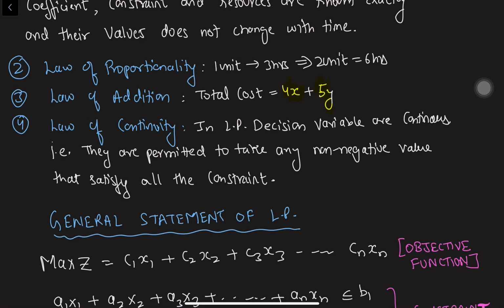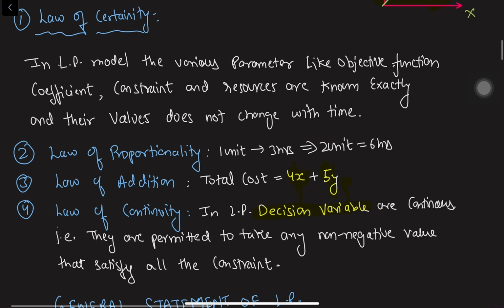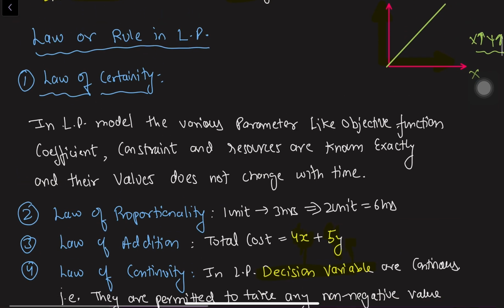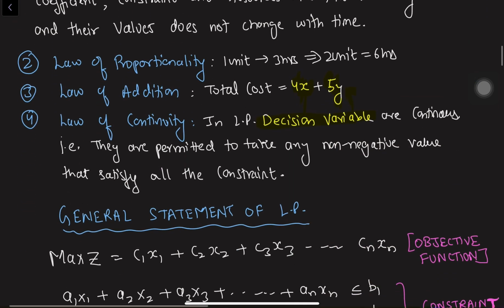That is, they are permitted to take any non-negative value that satisfies all constraints. Your decision variables are nothing but your x and y. These are continuous, and they are non-negative terms. They will take some value, and that should satisfy our constraints. So these are majorly the laws and the rules in linear programming that we have to follow.